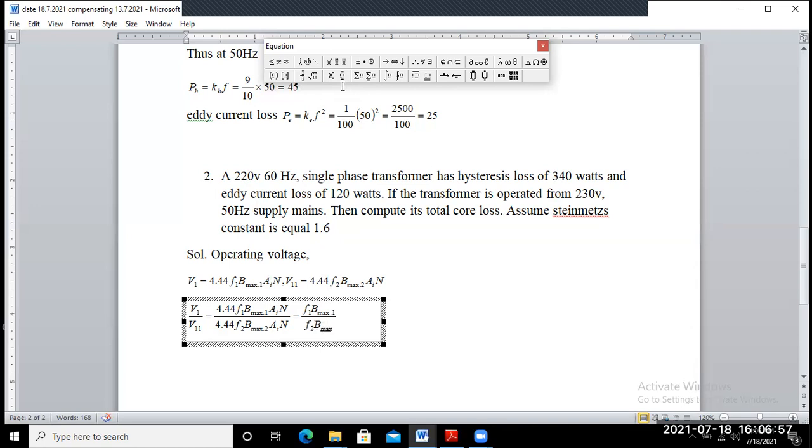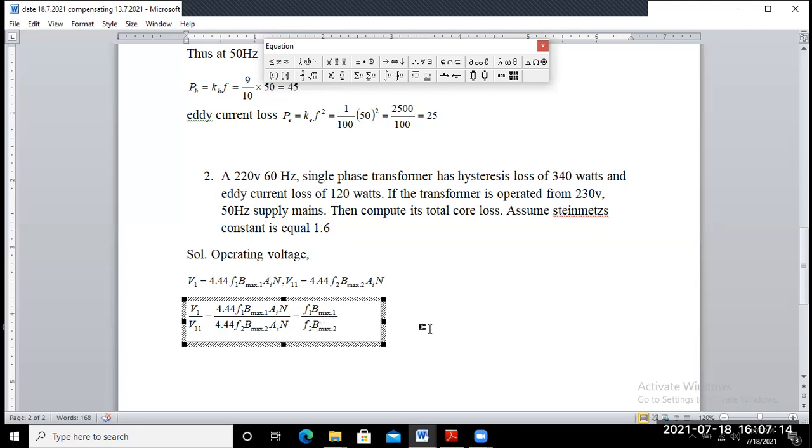Just put in the values of V1 and V11. V1 is your 220 volt. Similarly, F1 is your 60 hertz. And we find the relation of B maximum 2 in terms of B maximum 1.